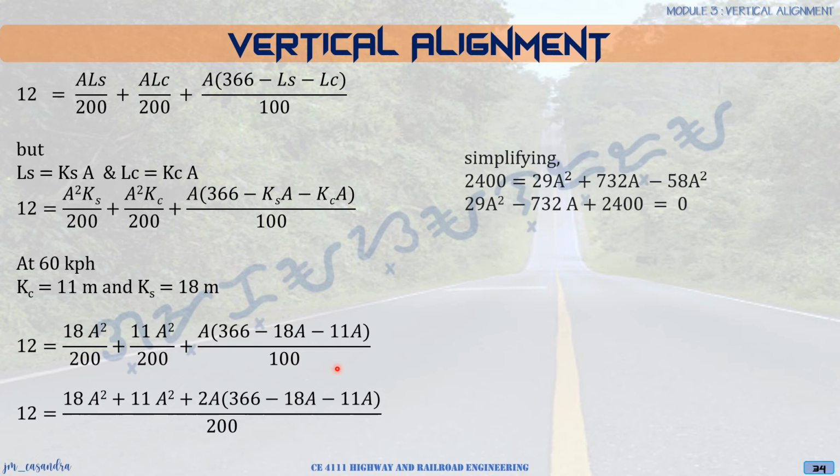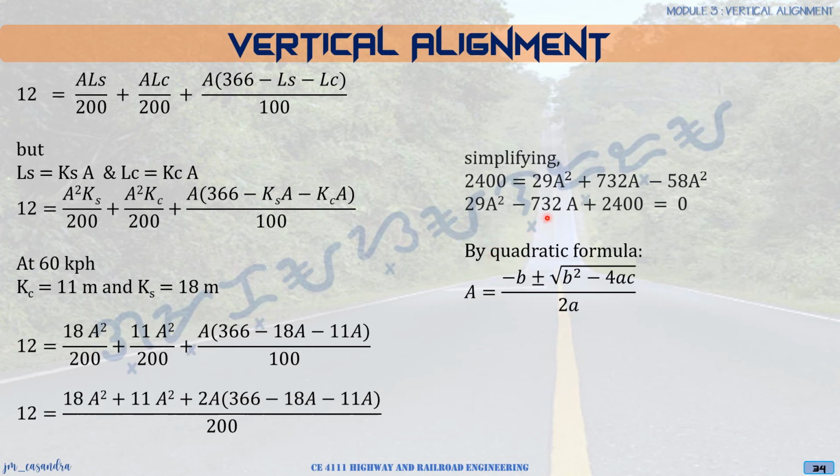So this is a quadratic form. Therefore, we can solve this by the quadratic formula, which is negative b plus or minus the square root of b squared minus 4ac, divided by 2a.